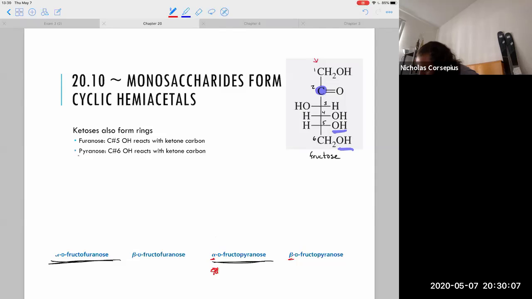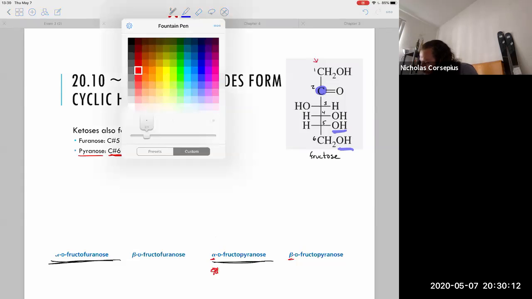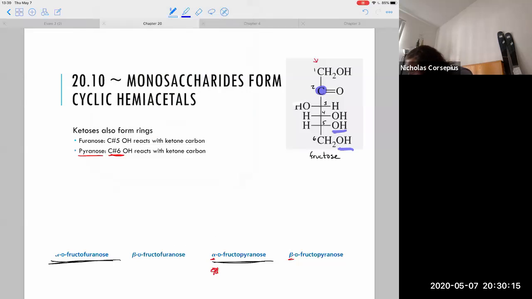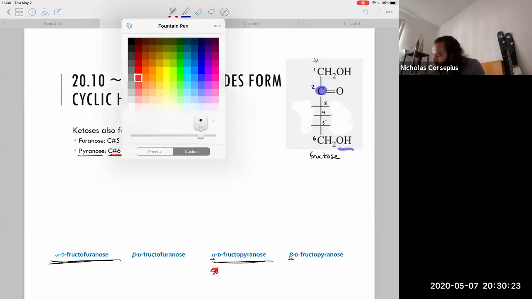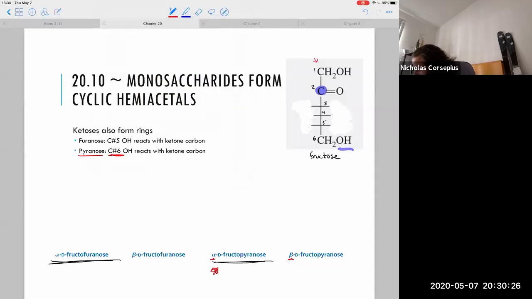Okay, so again, your pyranose is going to form when your C6 OH reacts. So what I'm going to do now is go through and ignore everything else, and we'll worry about that later. I'm just going to connect this guy to this guy. Now, one of the things to notice is that previously our electrophilic carbon was carbon 1, so we didn't really have anything to worry about there.